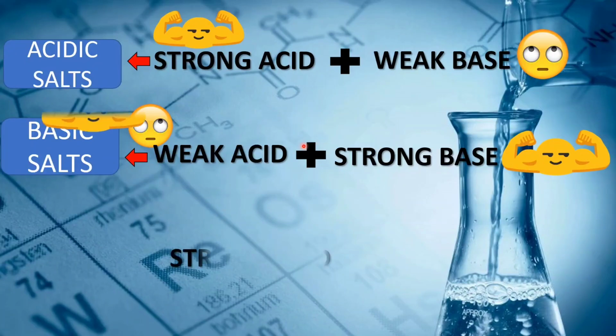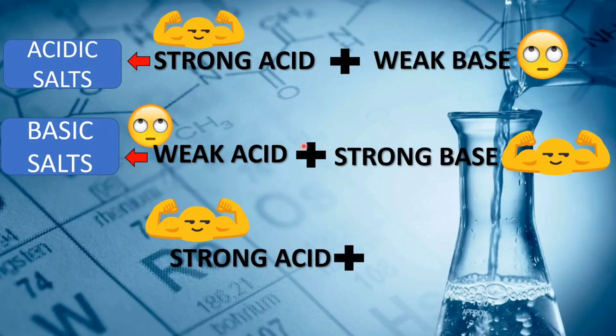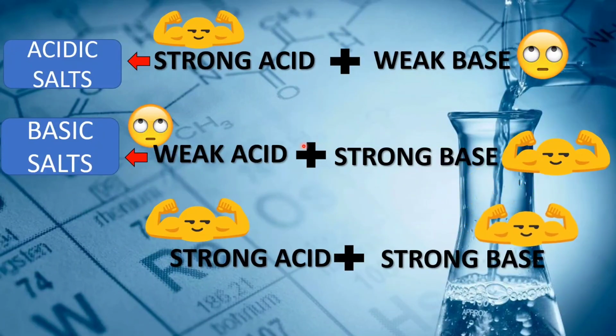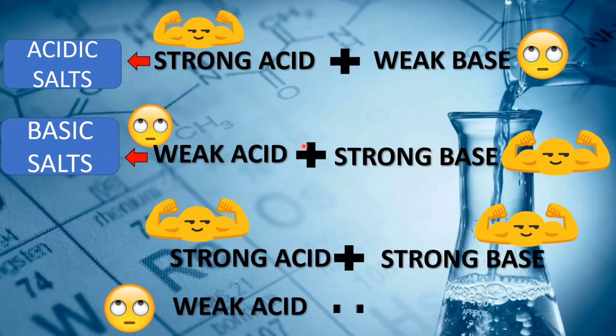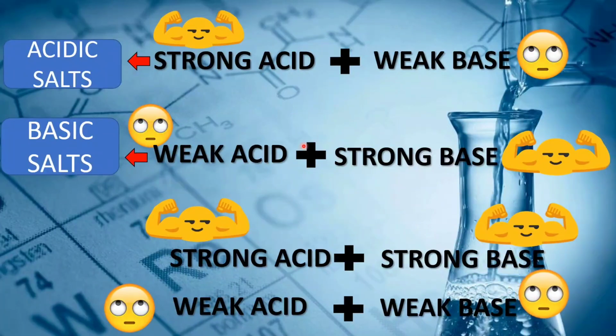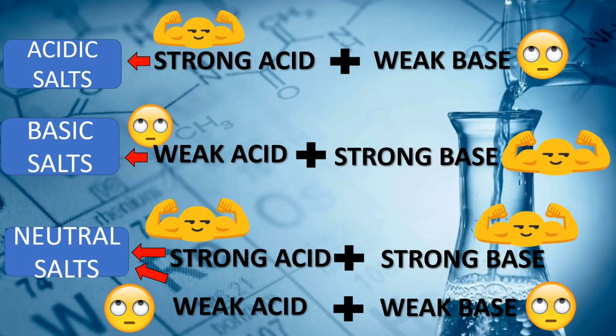And then when we combine strong acid plus strong base, and weak acid plus weak base, here their strength is similar. You can see acid and base, their strength is similar, both are weak or both are strong. So in this condition, we are going to get neutral salt.